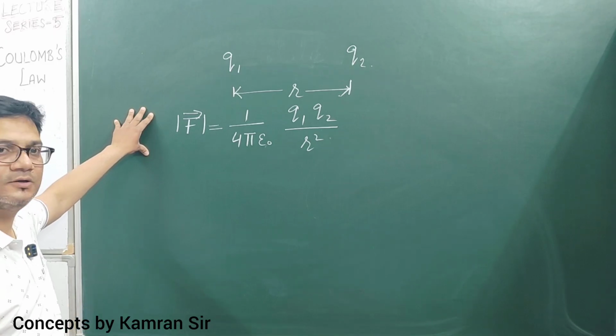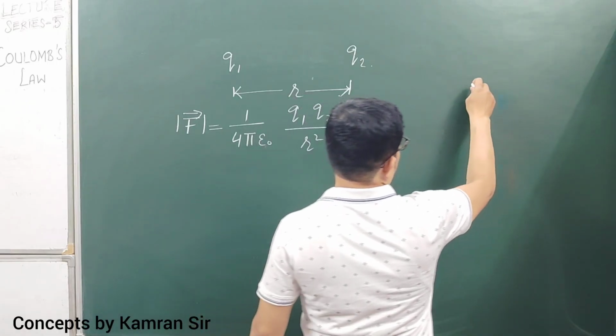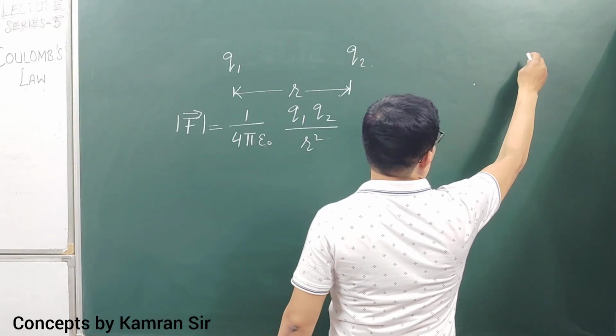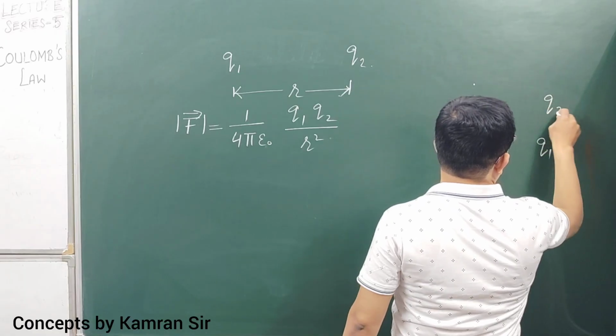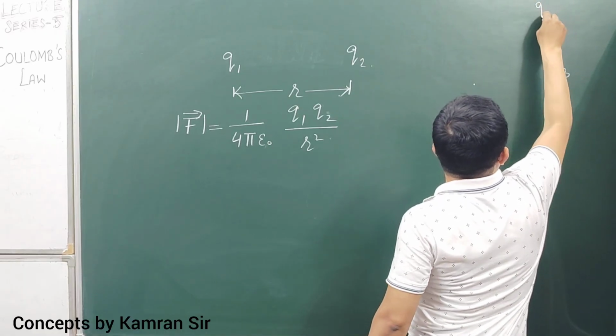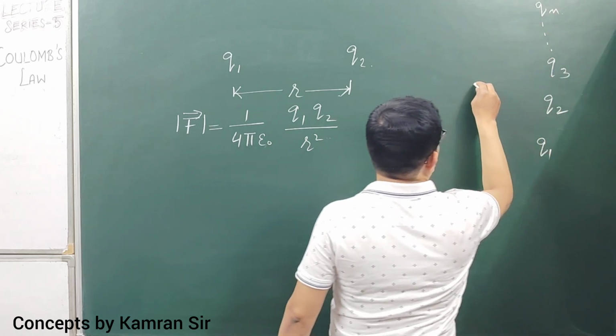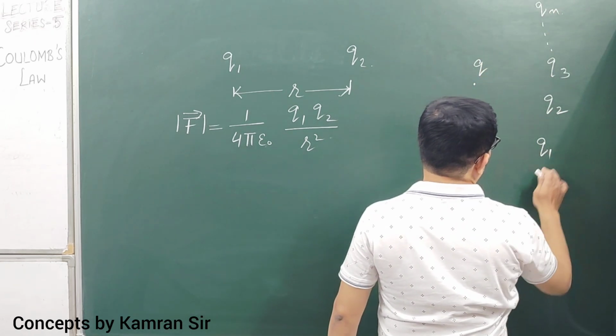Now what would happen if you have a number of charges? Suppose we have Q1, Q2, Q3, and n charges, up to Qn.